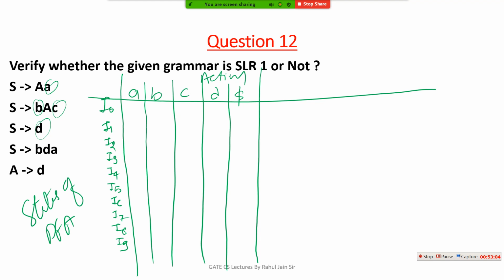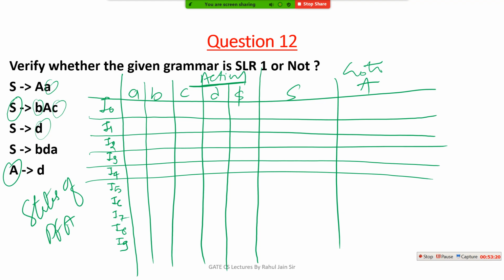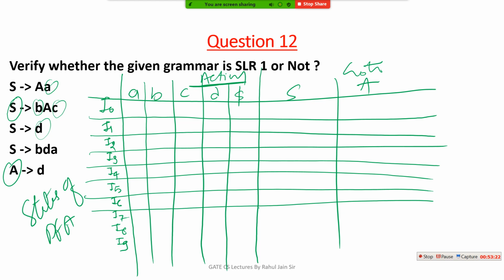So it is the action part of the parsing table. And in the goto table, I have the non-terminals S and A, two entries. Now I need to answer whether the following grammar is SLR1 or not.